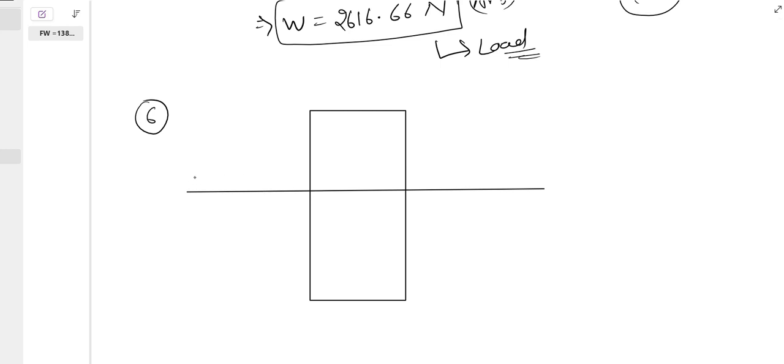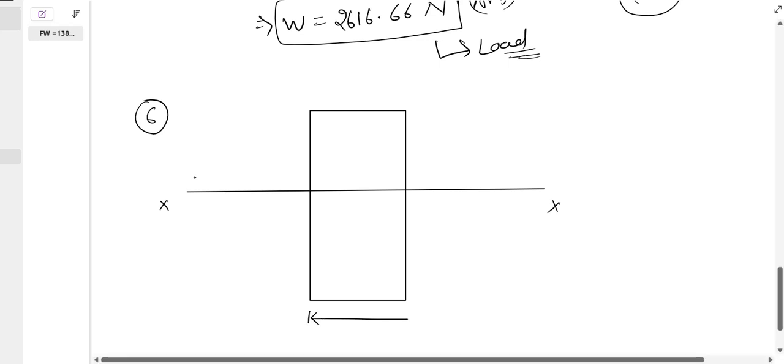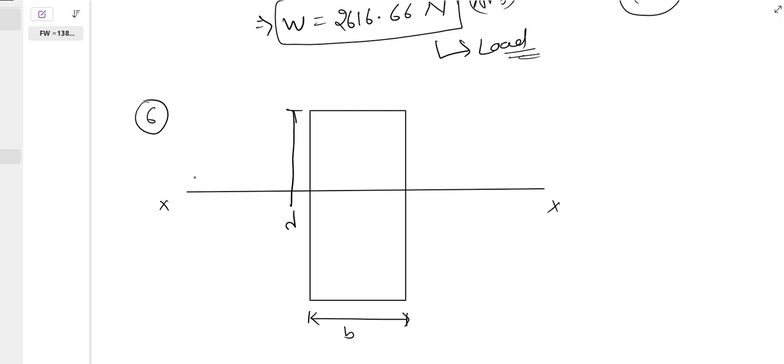which is x axis, and as per the question, the width is B and depth is D. Depth is D. So we have to prove Ix equal to BD cube by 12.